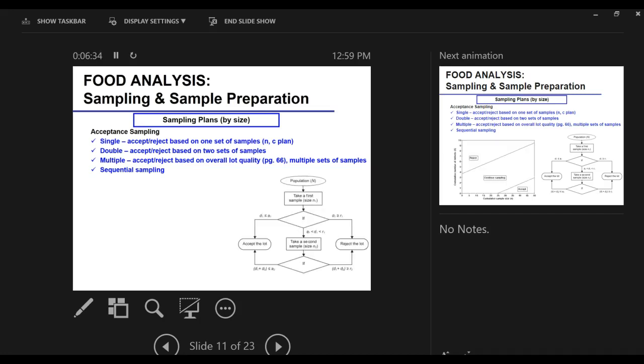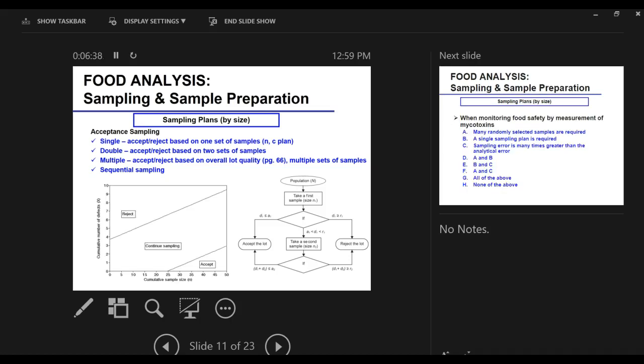So sequential sampling is an extension of multiple sampling, in the sense that you take a set of samples. Let's say you take a set of 40 individual samples that you pull out, like 40 cans, for example, from the lot.